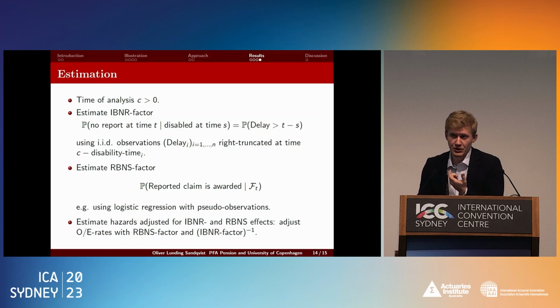This is because when you are close to the time of analysis, you should expect that you will see very few jumps, because you only see the jumps that are reported in time. So you have to scale up the observed ratio in order to get the actual ratio that you're interested in. And it turns out that this is more or less simply done by multiplying the exposure with the IBNR factors.